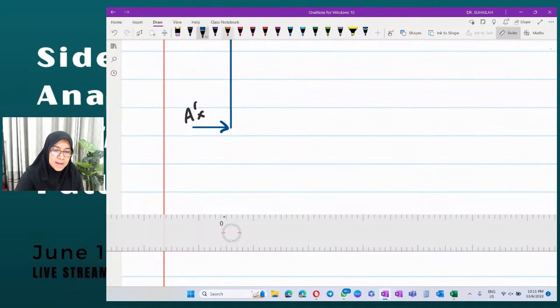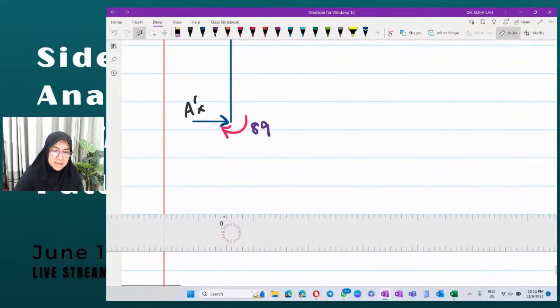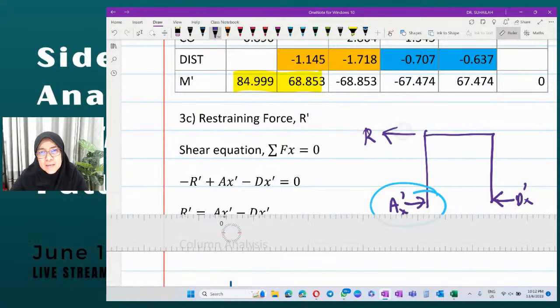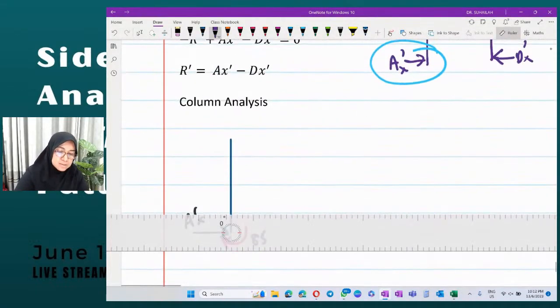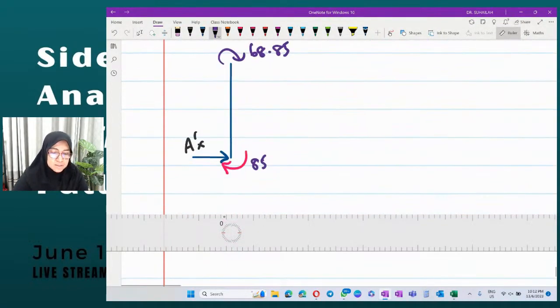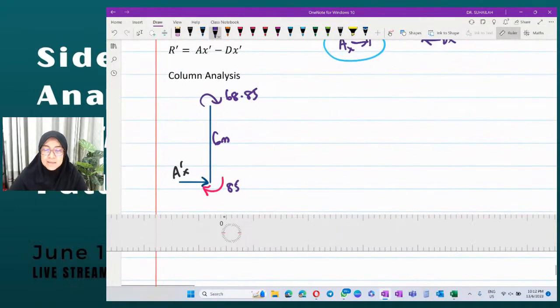It is clockwise, 85 and 68.85. The length is 6 meter.